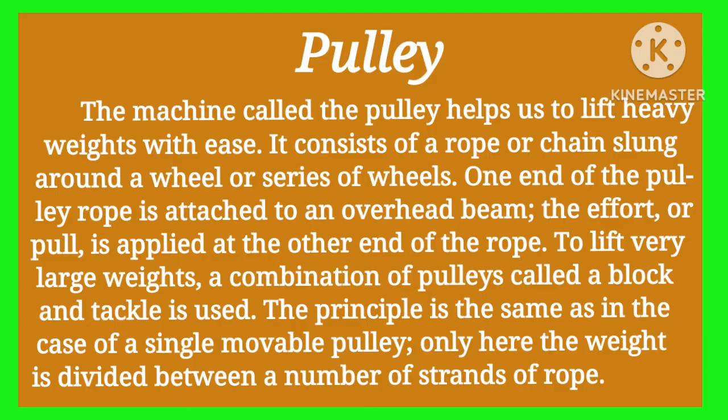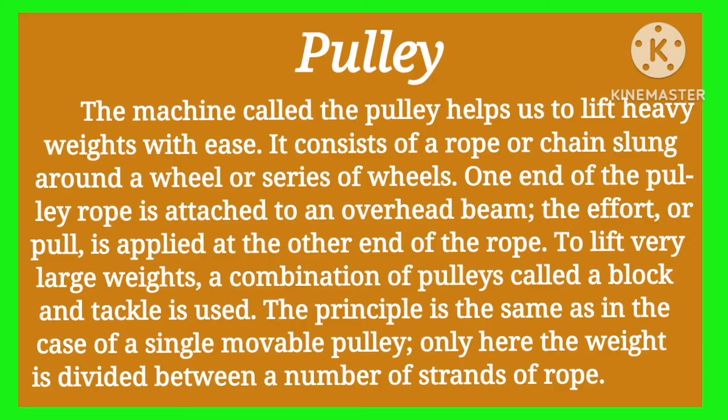Kids, the text describes a thing, a machine, the pulley. All of the sentences here and ideas describe the pulley. These are the ideas. Pulley is a machine that helps us to lift heavy weights with ease. It consists of a rope or chain slung around a wheel or a series of wheels.